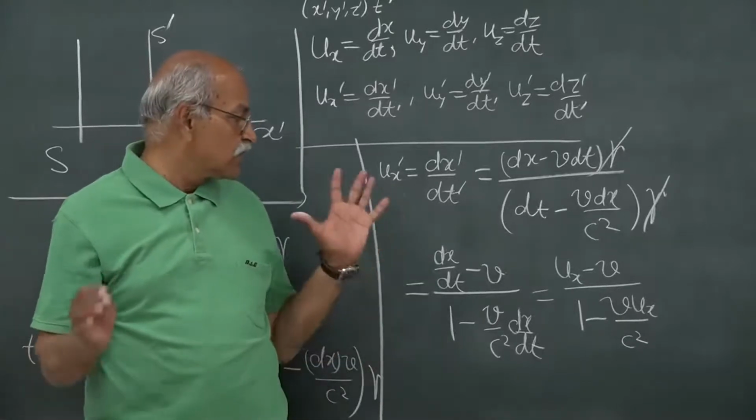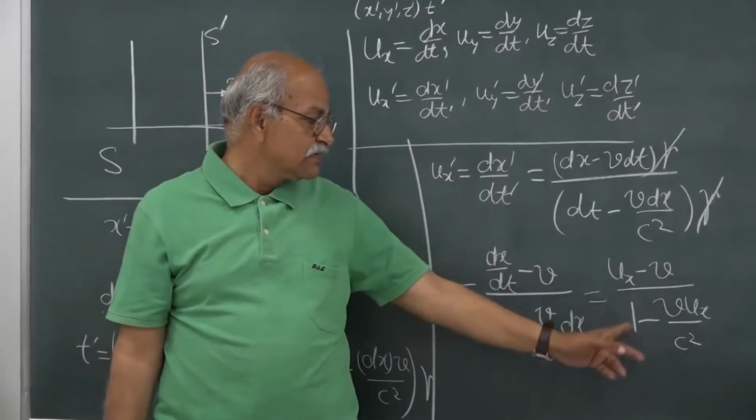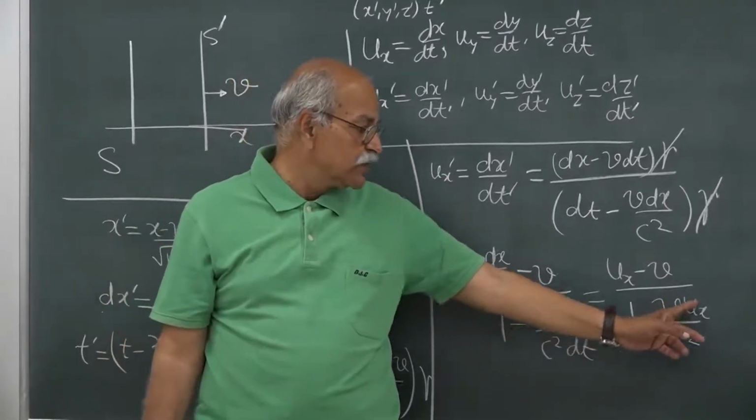So that is one rule, ux prime is equal to ux minus v divided by 1 minus v ux by c square.